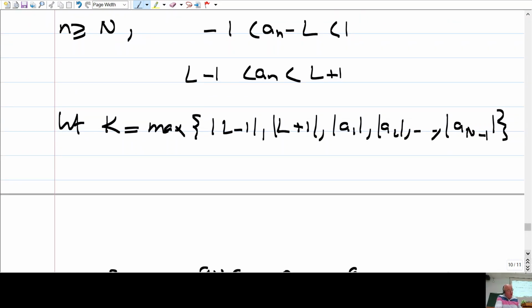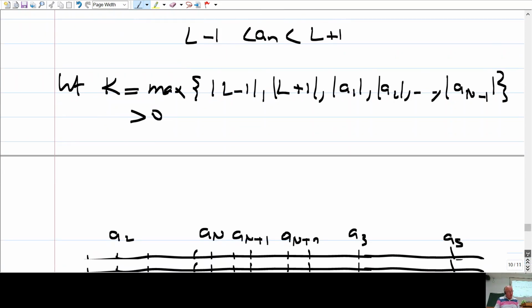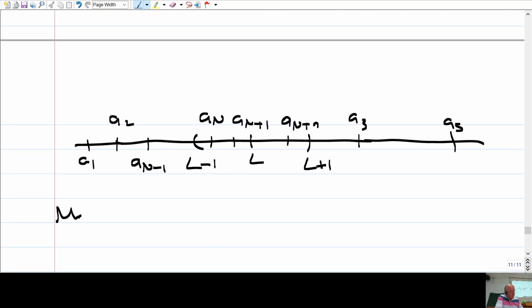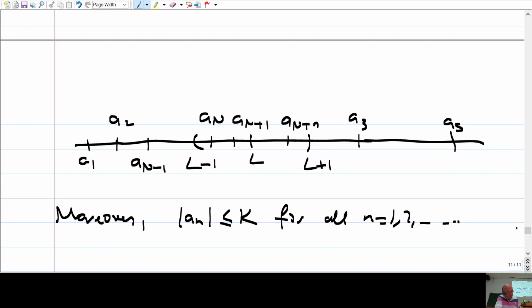This is a positive number because these are all non-negative and they cannot all be zero, because if this is zero, this means L is 1. But if L is 1, then L plus 1 will be 2. So this is a positive number. It is the maximum of N plus 1 numbers, right? Moreover, |a_n| is less than K for all n from 1 up to infinity.